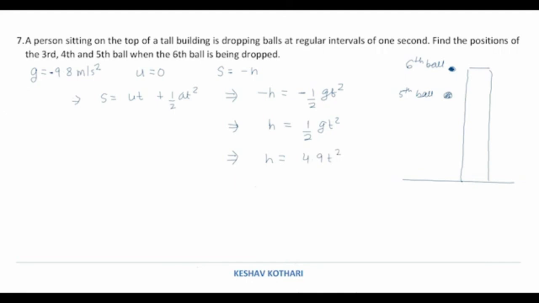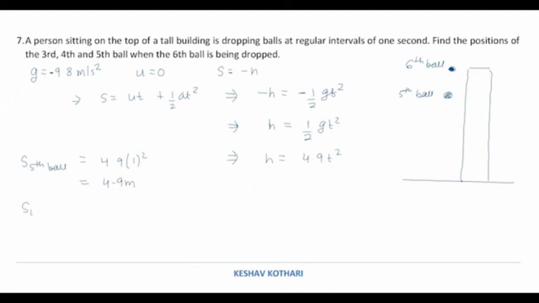Now what we need to do is just put the value of time and get the position of the different balls. For the fifth ball, it has traveled for a duration of 1 second, so we write it as 4.9 into 1 square. So it has traveled a distance of 4.9 meter from the top of the building.